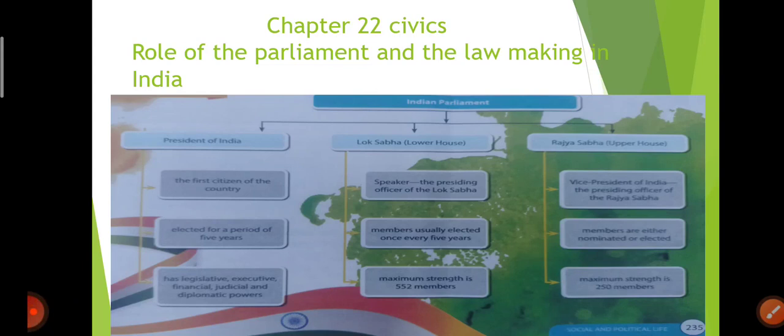The result of the election would represent the mood of the nation and its citizens. That's why the parliamentary system of democracy is adopted. Here, the people of the country are given universal adult franchise, which means the right to vote for all citizens.